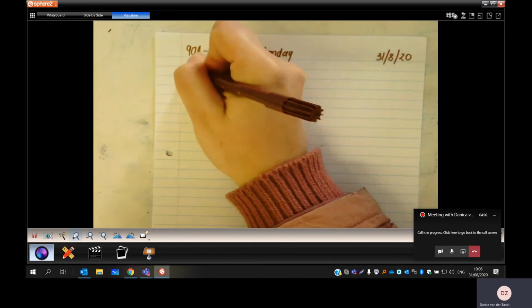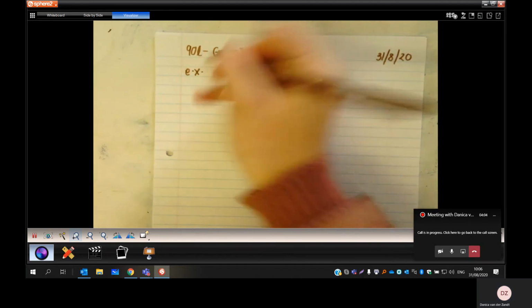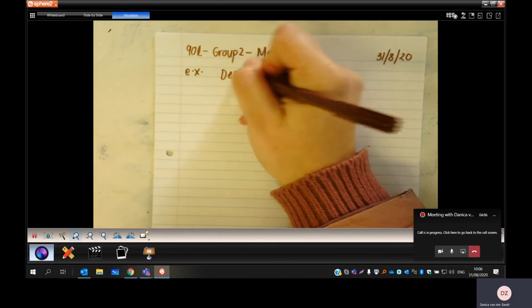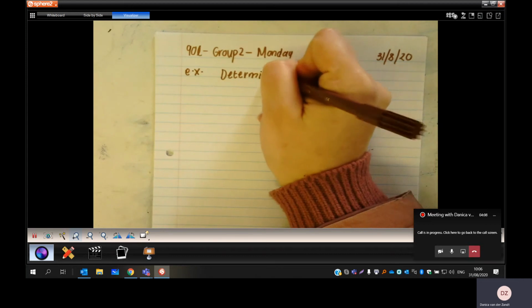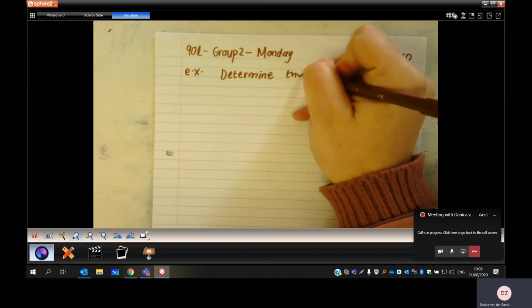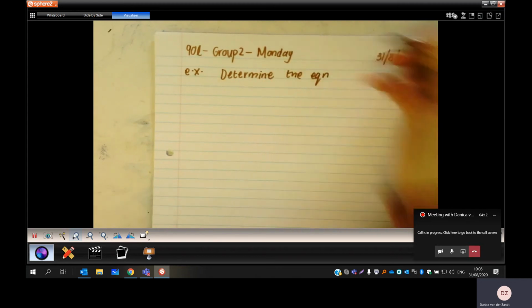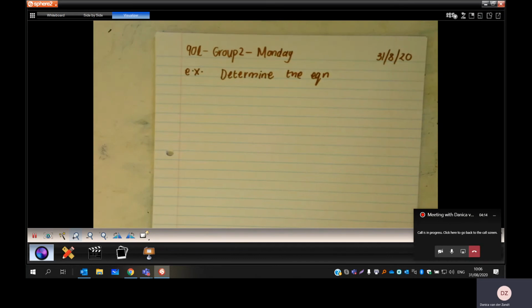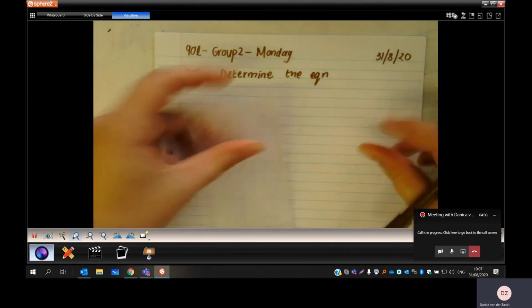Okay, so I'm leaving you with an exercise. So I'm asking you to determine the equation, and I'm going to give you a graph. I'm just looking for my ruler. Oh, ruler. Use a stencil for now.